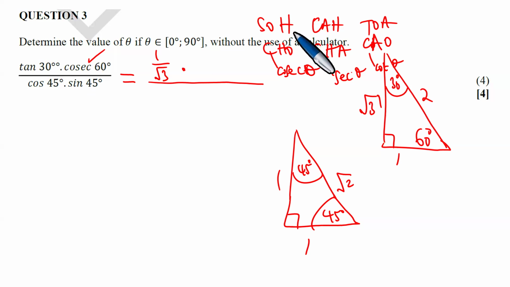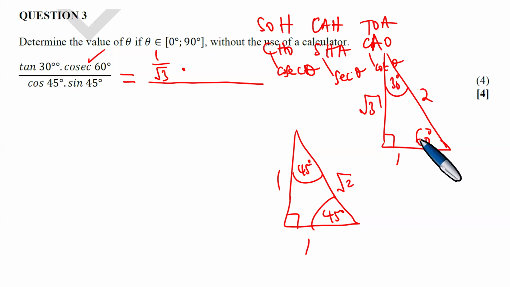Cosec 60. What do you think? 2 over square root of 3. Okay, good. So for cosec 60, you come here and say cosec is hypotenuse over opposite, the reciprocal of sine.